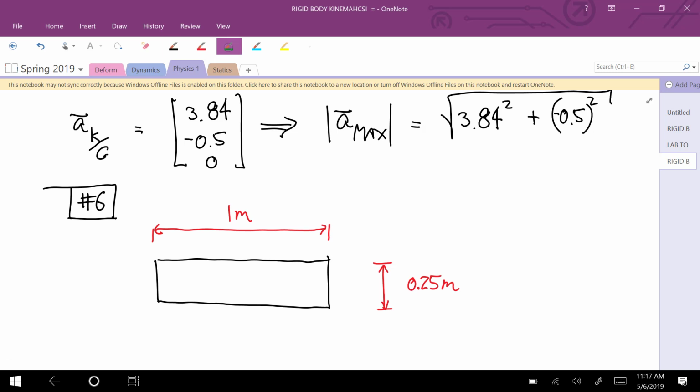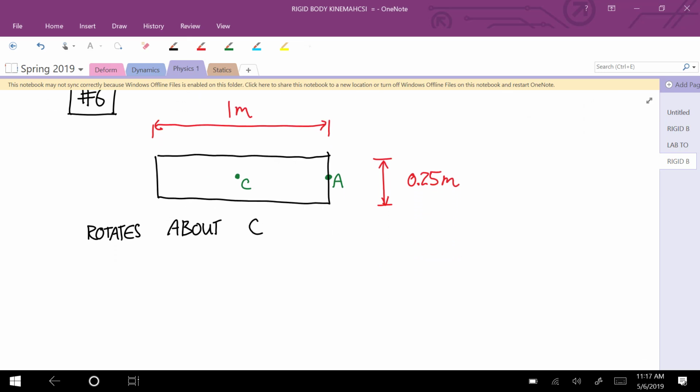And it rotates about the hinge at C. And this is the point A. The angular position follows the function theta of t is equal to 4t cubed minus 10t.